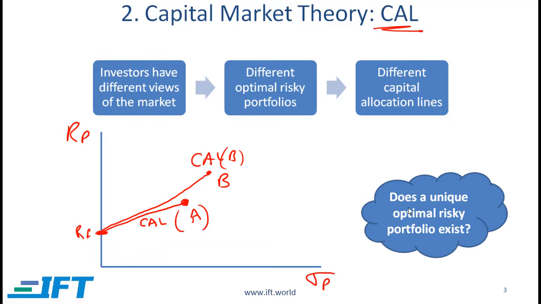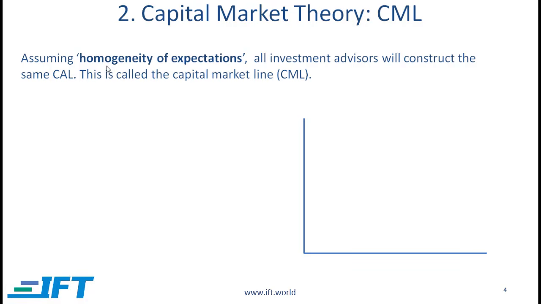Now you might be wondering whether there is a unique optimal risky portfolio. If we assume that there is homogeneity of expectations, which means that all investors or investment advisors have a similar view of the market, they expect the same returns from securities, they expect the risk to be the same, the answer is yes, as long as we assume homogeneity of expectations.